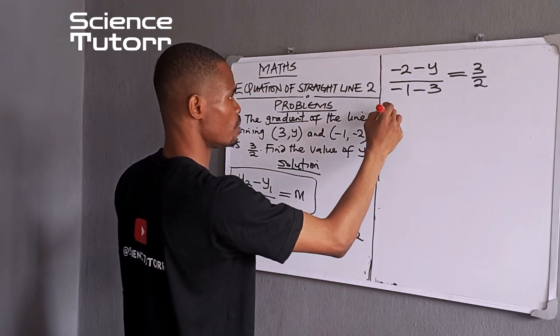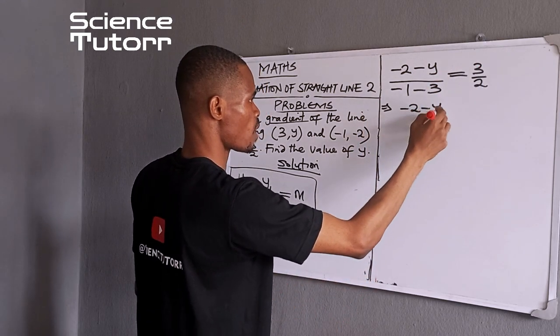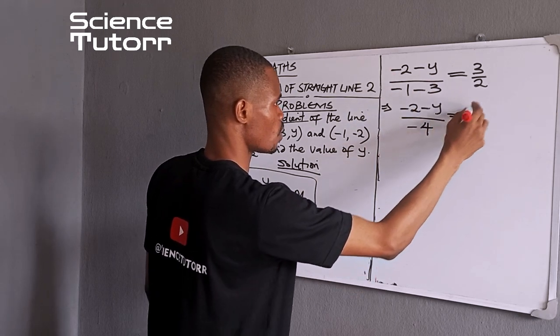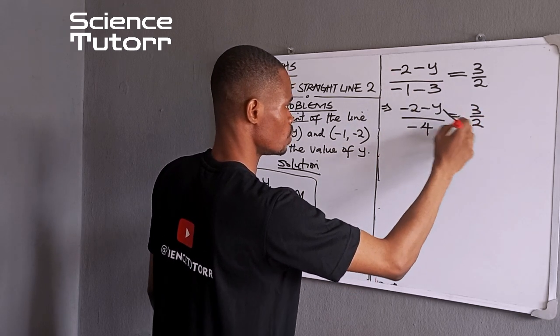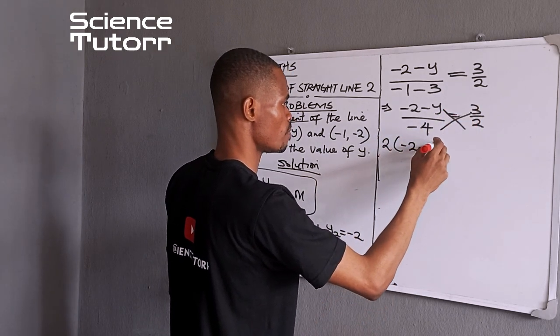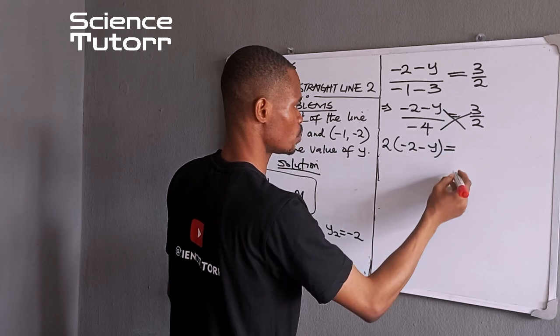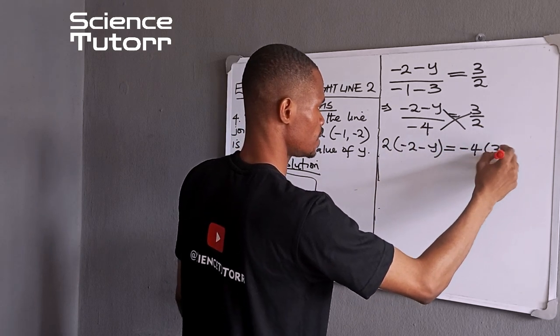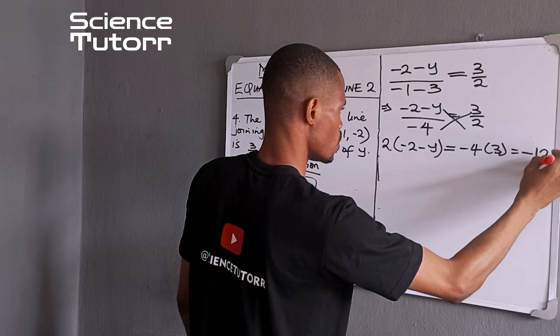So we have minus 2 minus y divided by minus 4 is equal to 3 over 2. So we cross multiply. That makes 2 into minus 2 minus y to be equal to minus 4 times 3, which makes minus 12.